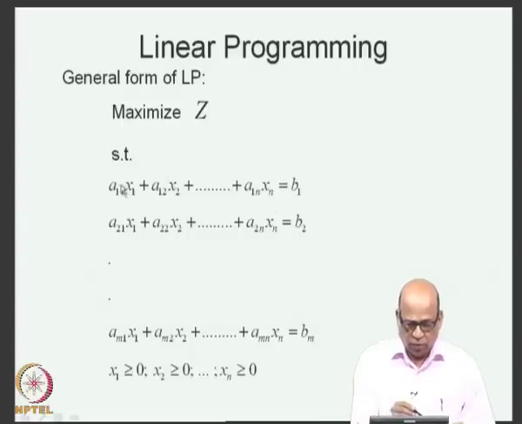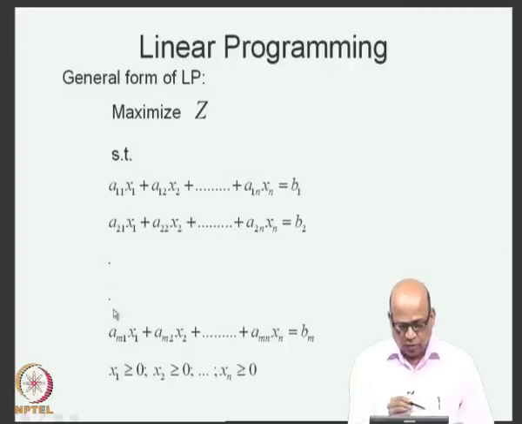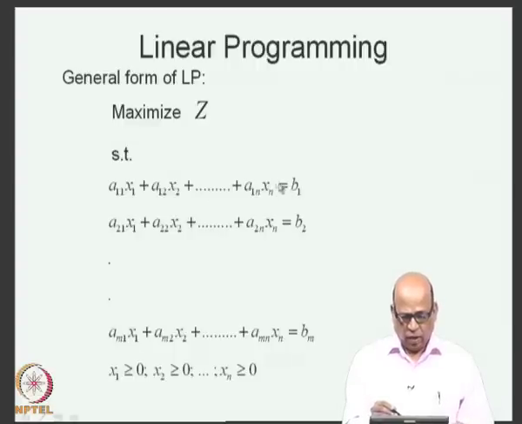So, you have a coefficient matrix, we will write in the matrix form subsequently in some other lectures, but you can identify that these are in fact the coefficients which are constants, and x1, x2 etcetera, xn are the decision variables for which solutions are sought. B1, B2 etcetera are the right hand sides of the constraints, these are also known values.